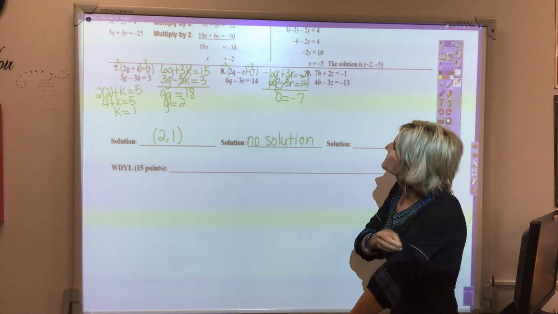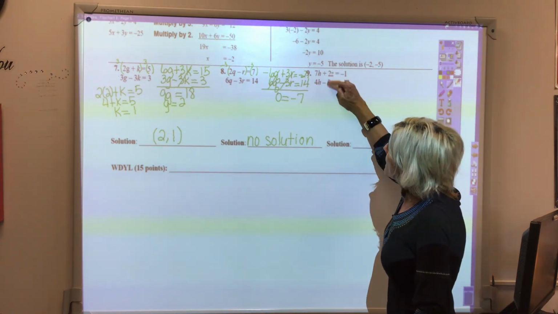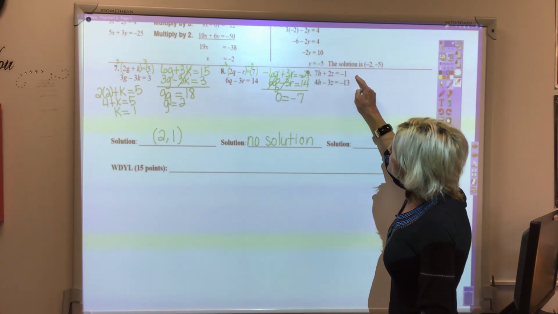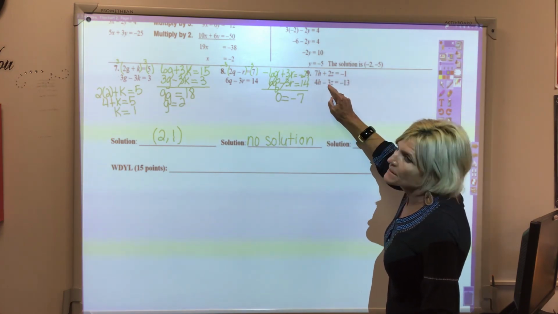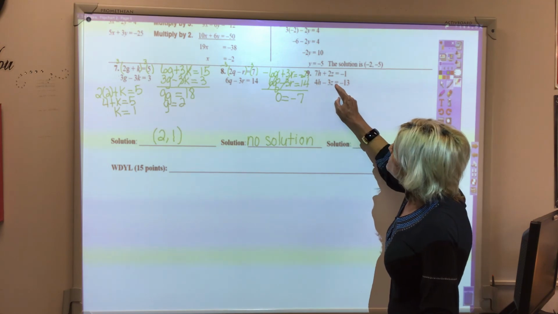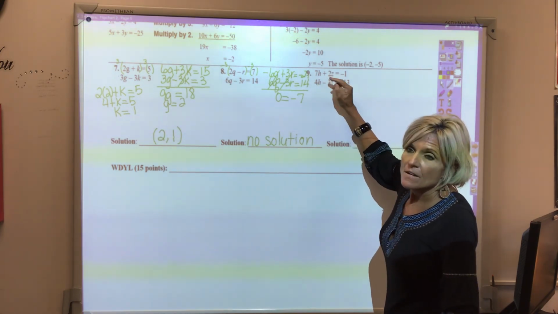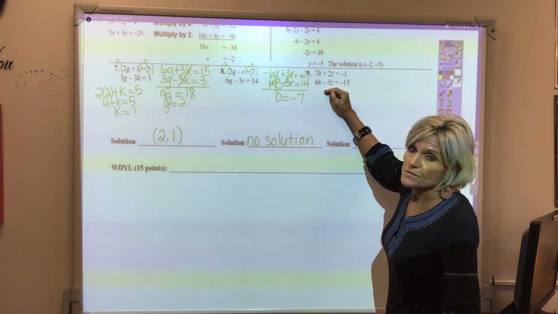And then on the third system, since I already have opposite signs, why don't we multiply the top equation by 3, and I'm getting that 3 from right here, and the bottom equation by 2, I'm getting that 2 from right here. Then we'll have opposites for z.